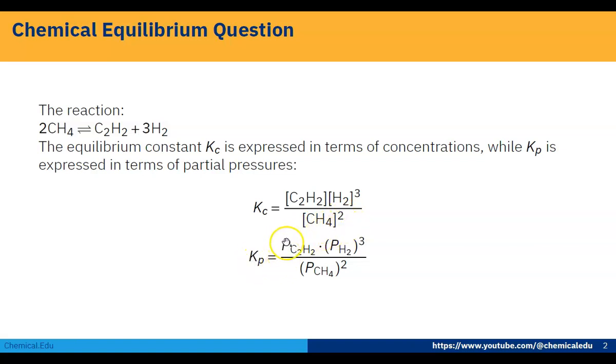And then Kp is the partial pressure of C2H2 multiplied with the partial pressure of hydrogen to the power 3, because the stoichiometric coefficient of hydrogen is 3, and then divided by the partial pressure of methane to the power 2. Again here the stoichiometric coefficient of methane is 2.